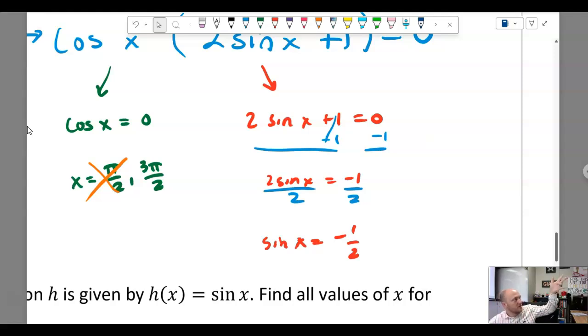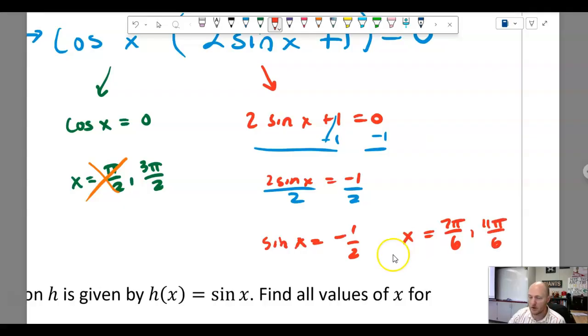I want my y values to be 1/2, and that's going to be pi over 6. So this is going to occur at x equals, not pi over 6, because that would be positive. We want negative, so that's going to be 7 pi over 6 and 11 pi over 6. And again, they only want quadrant 3, from pi to 3 pi halves, so we're going to throw away that answer. Okay, so 2 possible solutions.